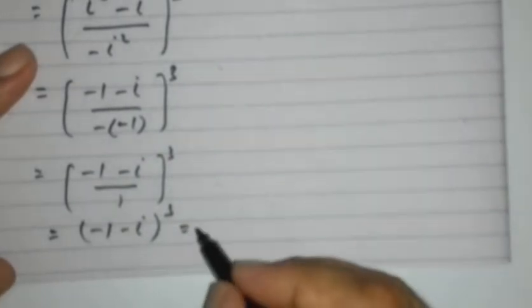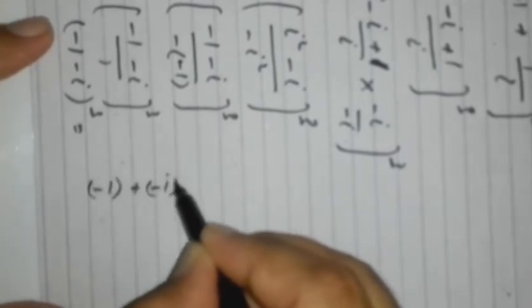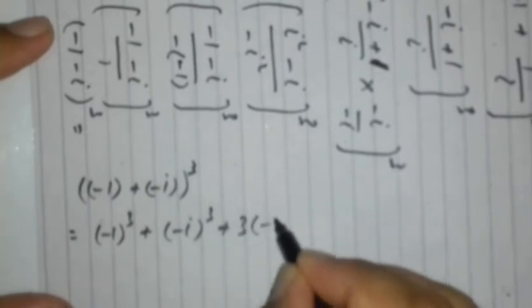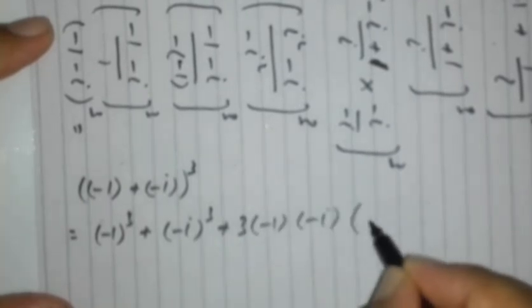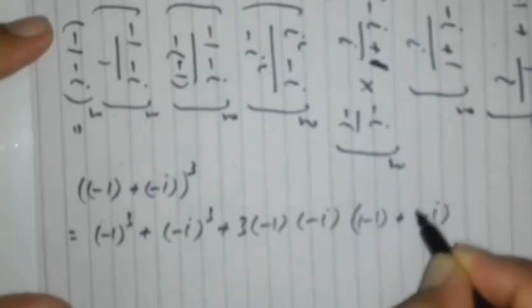Now we will expand this cube. How? Look, we can write it as minus 1 plus minus iota whole cube. So minus 1 cube plus minus iota cube plus 3 into minus 1 minus iota, and here minus 1 plus minus iota.